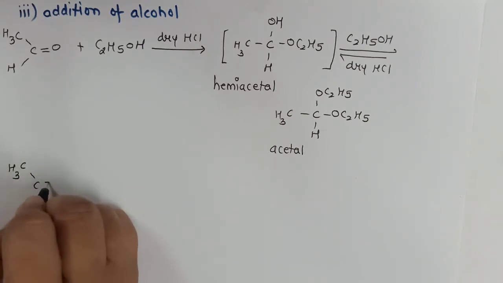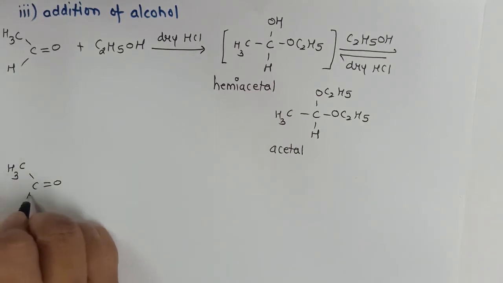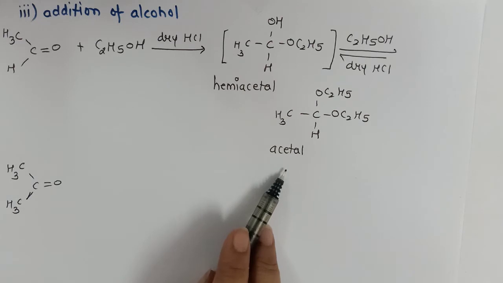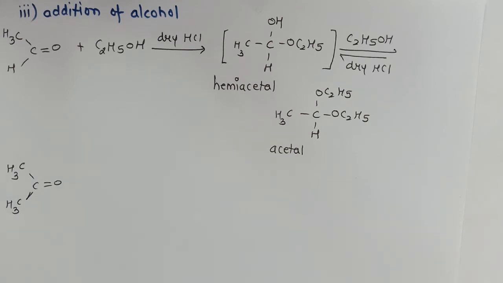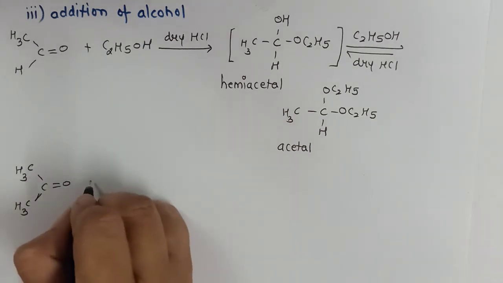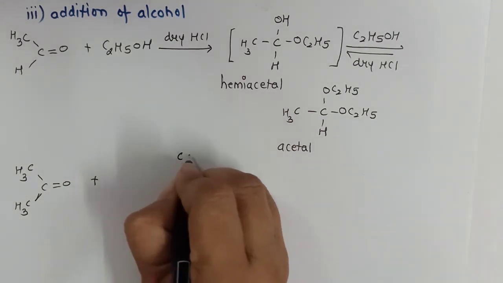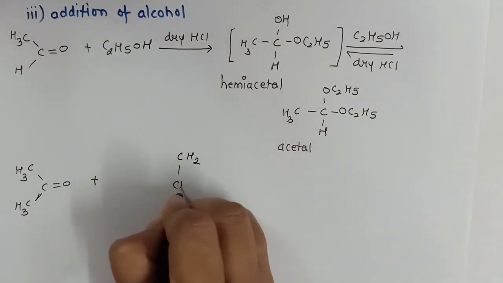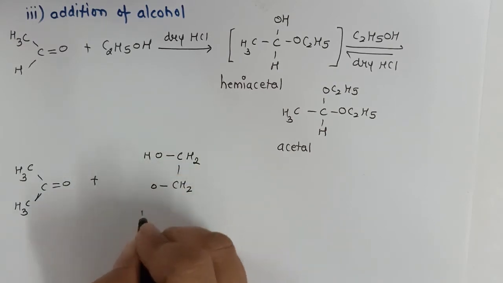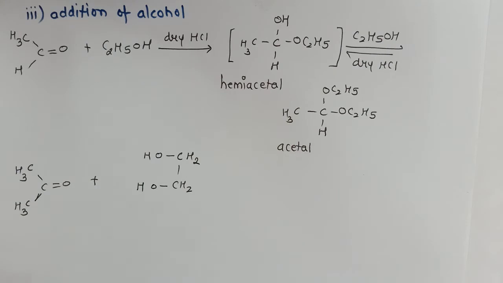Suppose I carry out the reaction of a ketone. Generally a ketone does not form an acetal, but it will form a cyclic product. So propanone, when it is treated with ethylene glycol, will form a cyclic ketal.